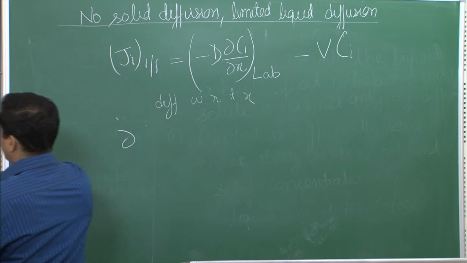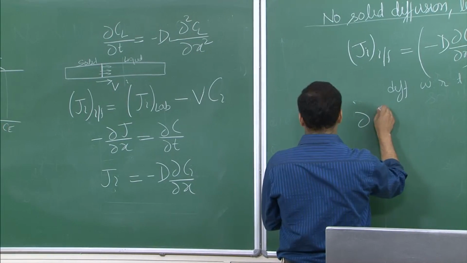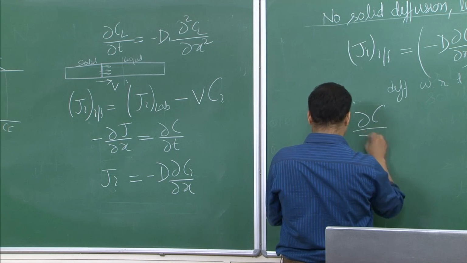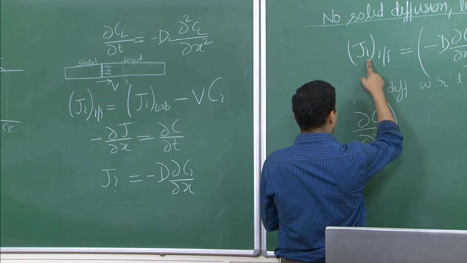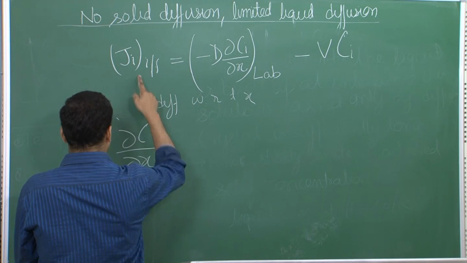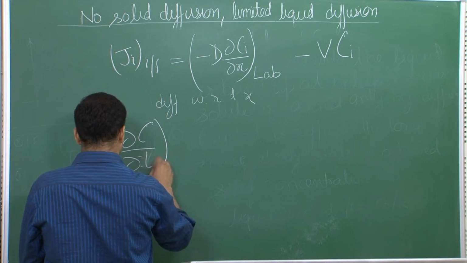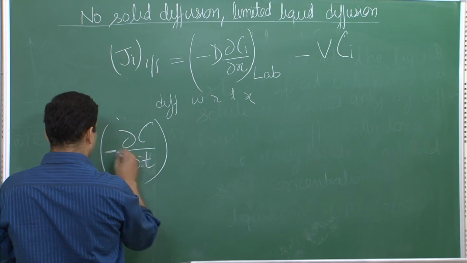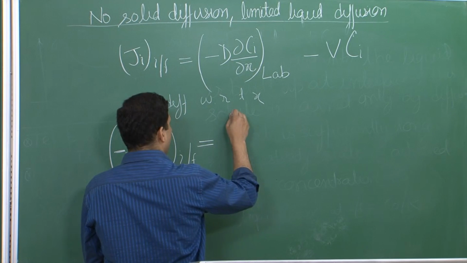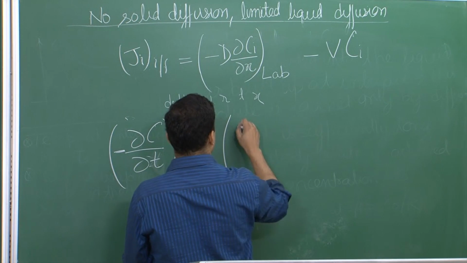Using the equation where we have del C over del T, del J over del X becomes del C over del T, and there is a minus sign. So this is in the interface reference frame and we bring it over here.